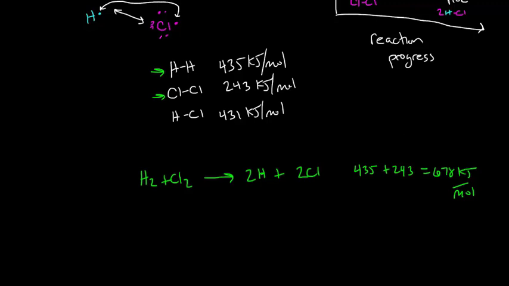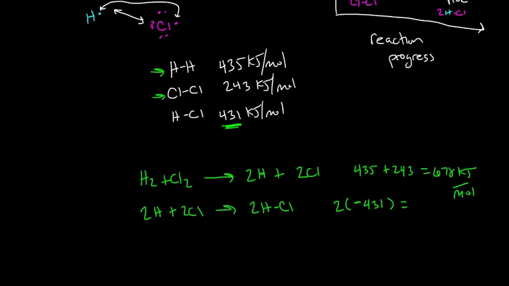The next step now is taking these 2 hydrogen and these 2 chlorine atoms and forming our new bond between the hydrogens and the chlorines. And as we said, an HCl bond has a bond enthalpy of 431 kilojoules per mole. We have 2 of them, and we're creating a bond, so it's minus 431.